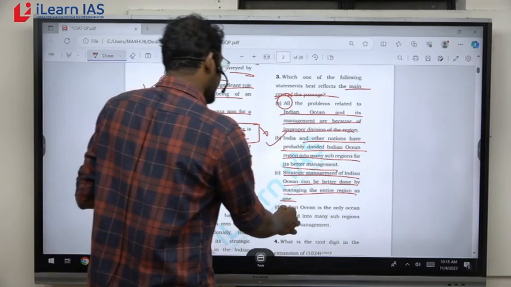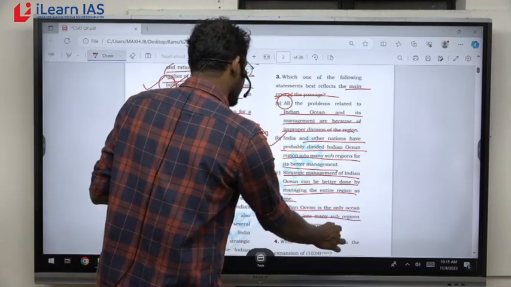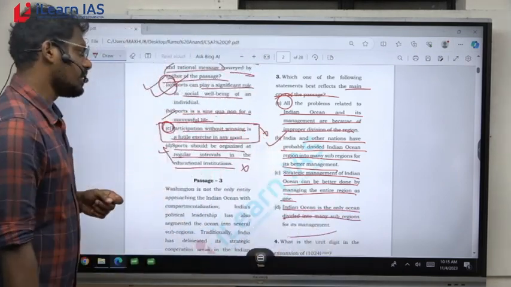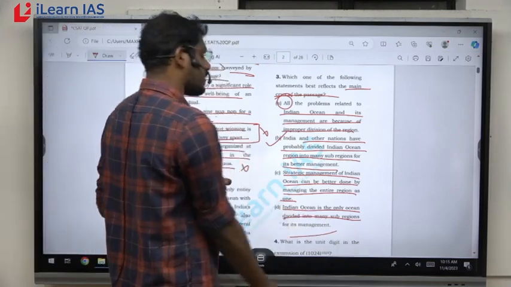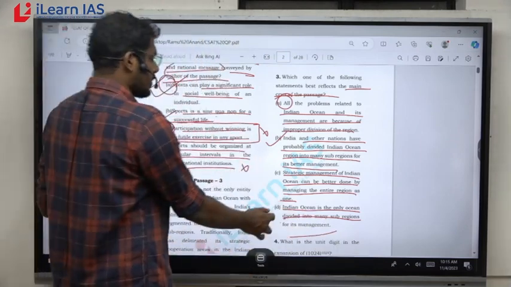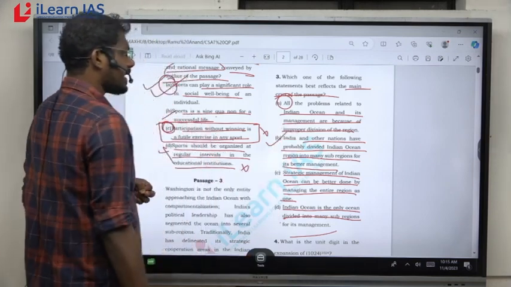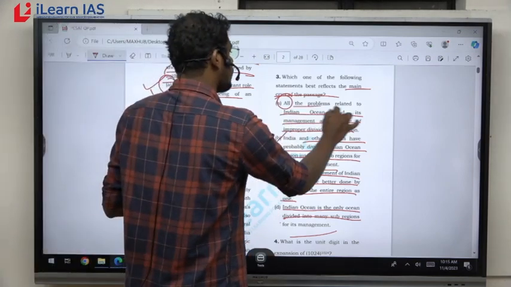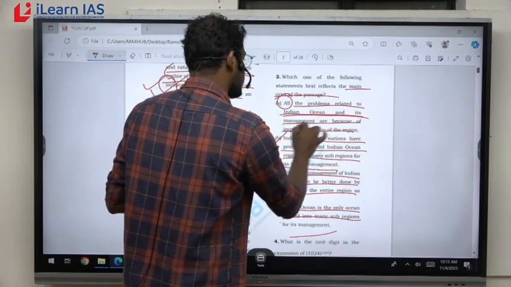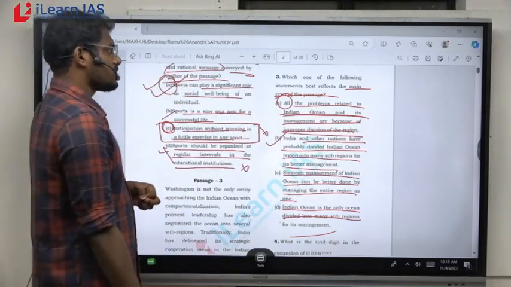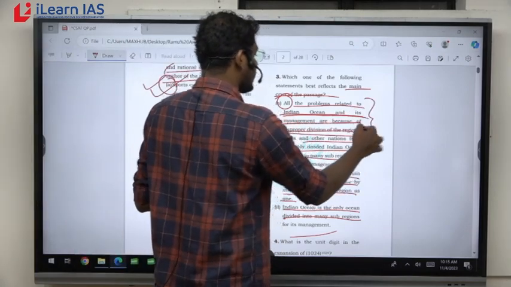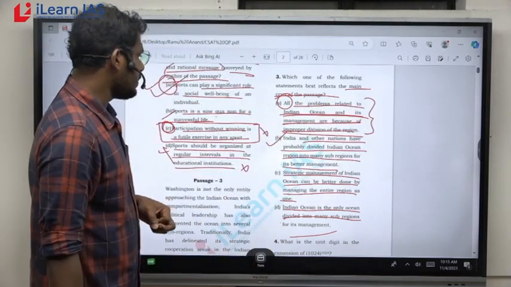Okay, possible. The Indian Ocean is the only ocean divided into many subregions for its management. So among these options, option A can be eliminated because all the problems related to the Indian Ocean and its management are because of improper division of the region. So it can be treated as an extreme statement. It can be eliminated.